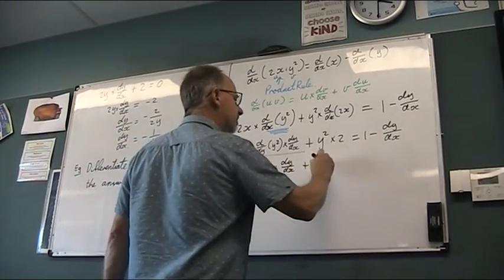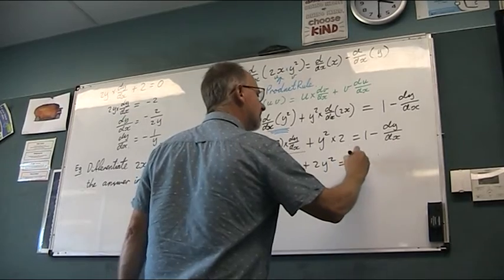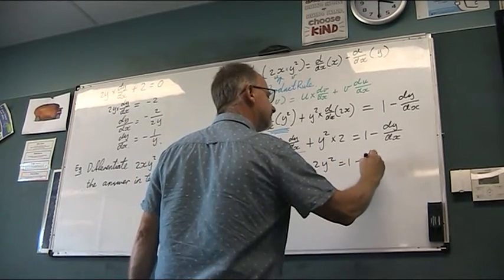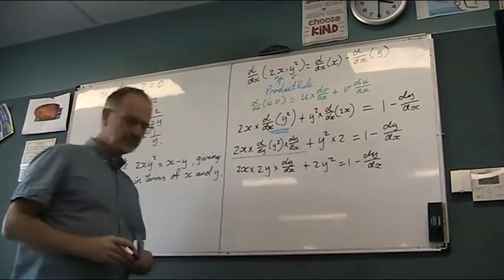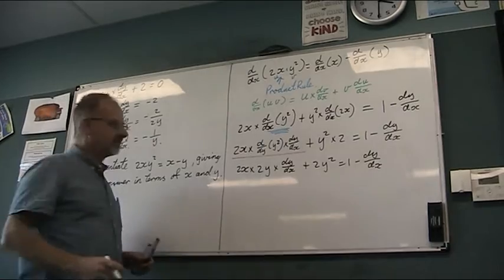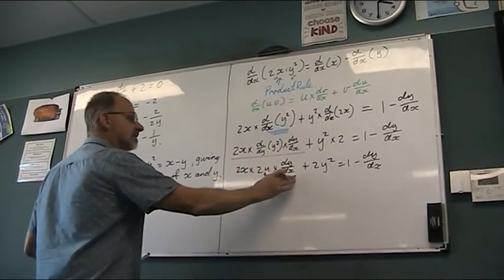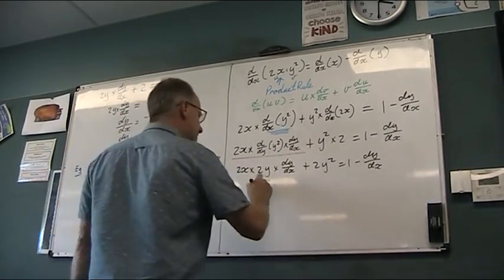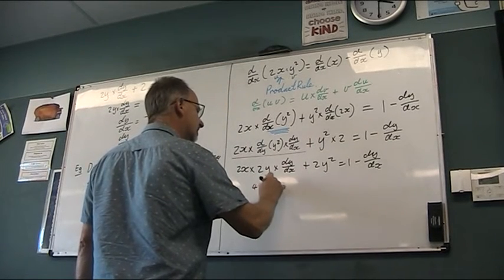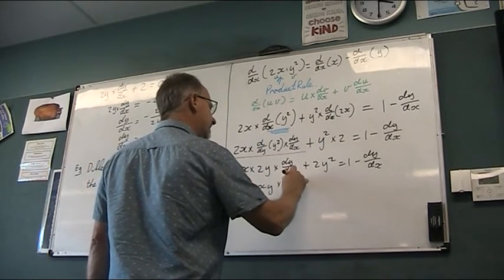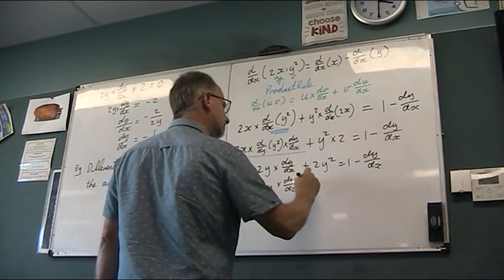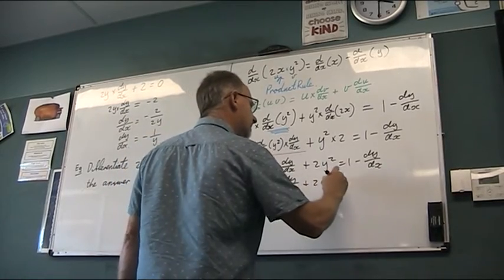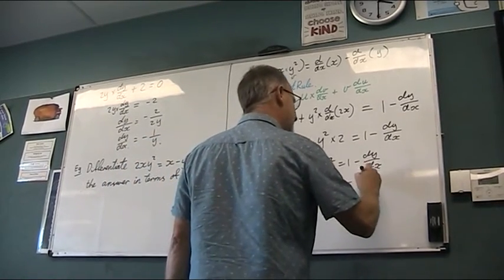And we've got 2y squared here, 1 minus dy dx. I still need to neaten that up a little bit. 2x times 2y is 4xy times dy dx plus 2y squared equals 1 minus dy dx.